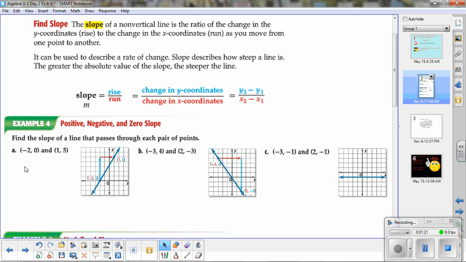In example 4a, we want to find the slope of the line that passes through (-2, 0) and (1, 5). So if we use our slope formula, y2 minus y1 over x2 minus x1, what I usually do is label this right here x1, y1, and this point here x2, y2.